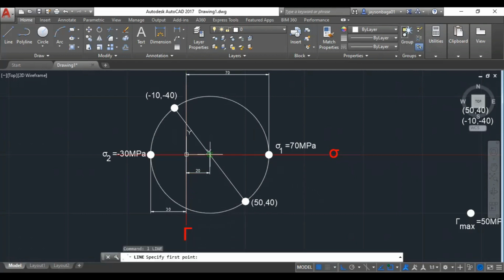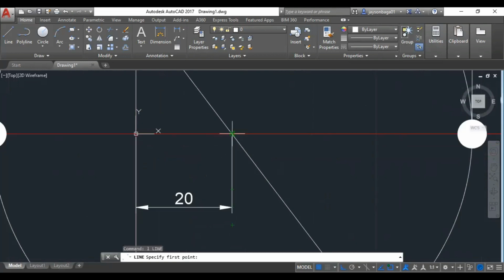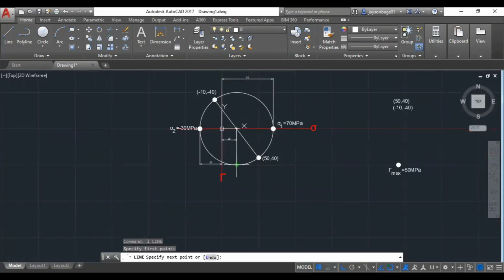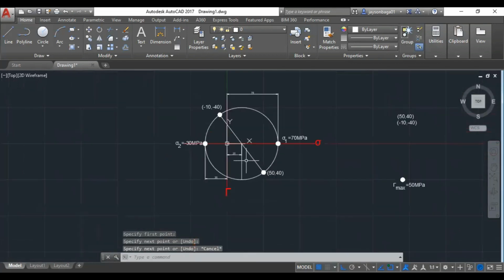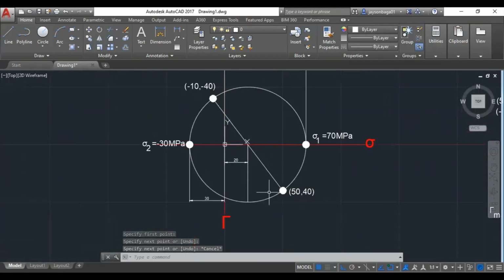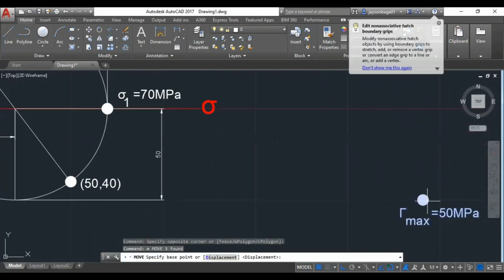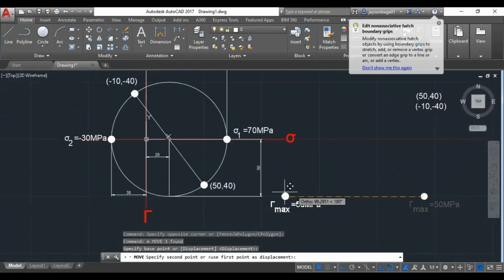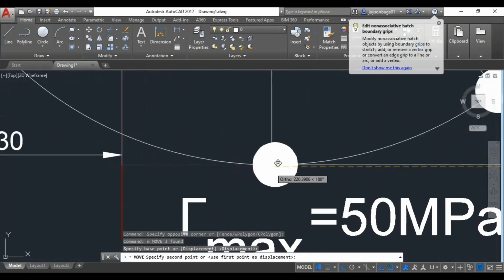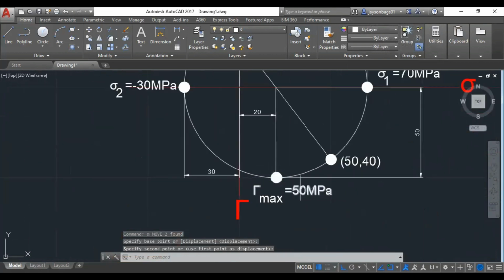So ang gagawin ko lang dito is ipo-project ko yung tau max natin mula dito sa midpoint papunta dito sa quadrant natin, and then measure lang natin yung distance. So ang distance natin is 50. Again, positive kasi baliktad ang orientation natin pagdating sa Mohr circle. And then labelan ninyo lang yung plot ninyo.